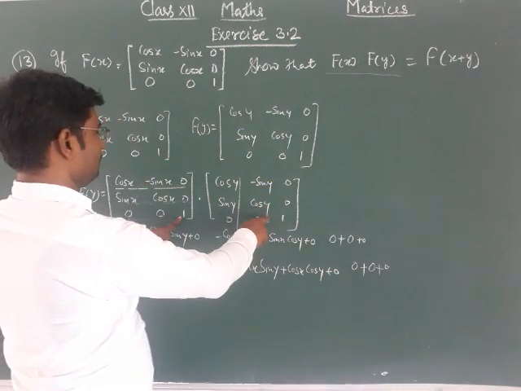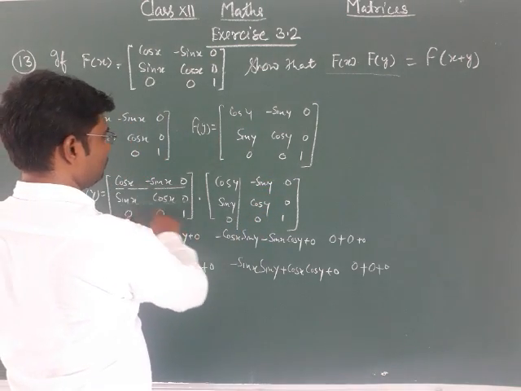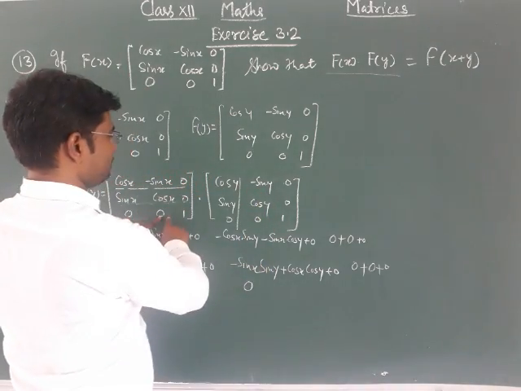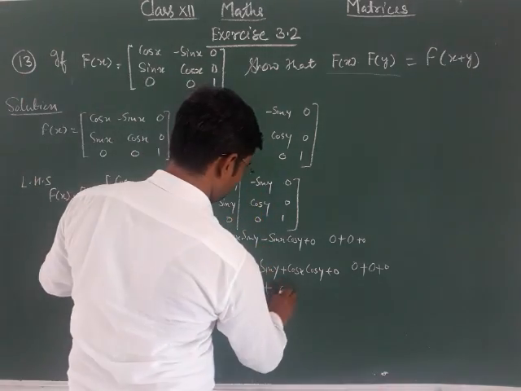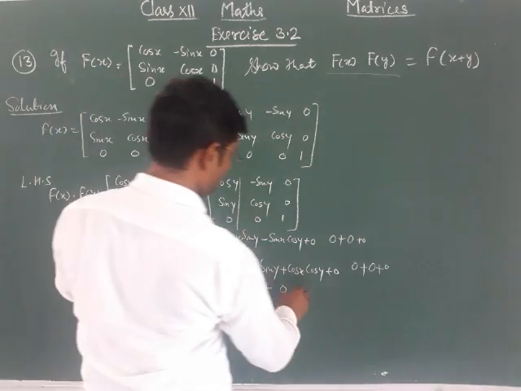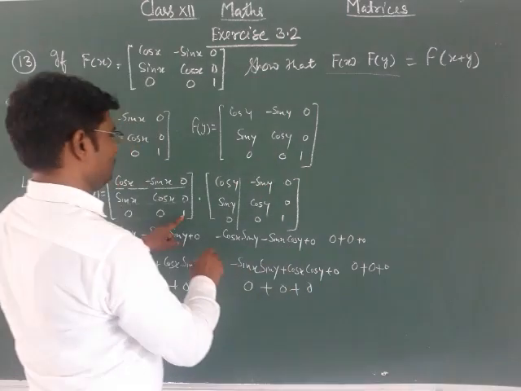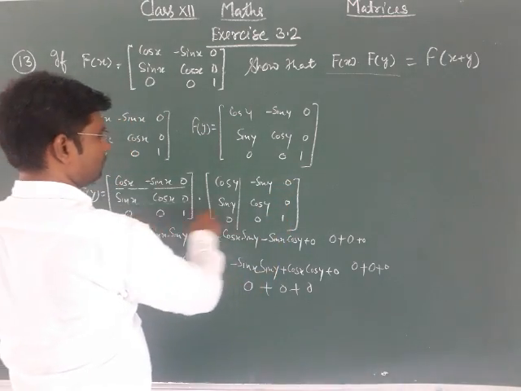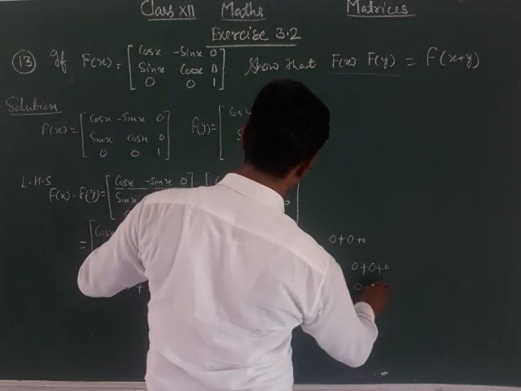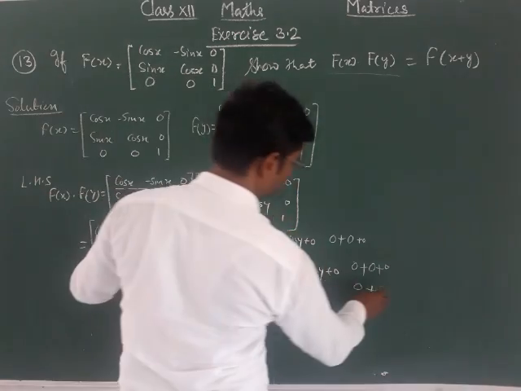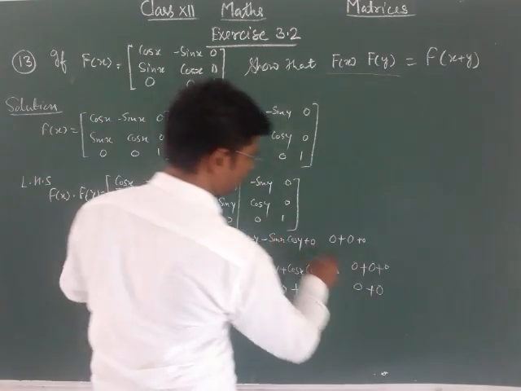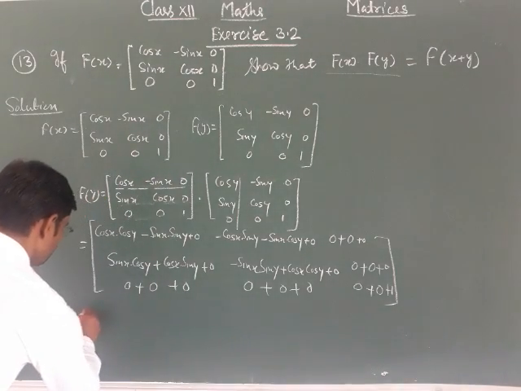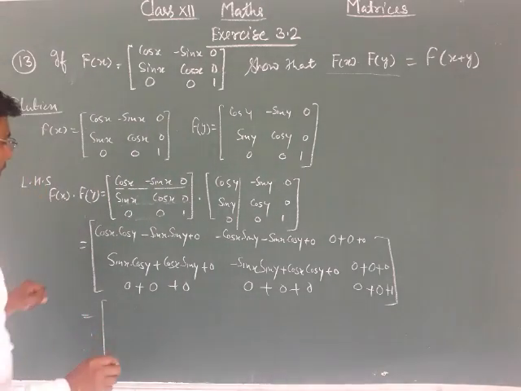And taking the second column and third row, so 0 into minus sin y we get 0, and 0 into cos y 0, and 1 into 0 is 0. And taking the third row and third column, we get 0 into 0, 0 into 0 plus 1 into 1, which is 1. So this is the new matrix we get.